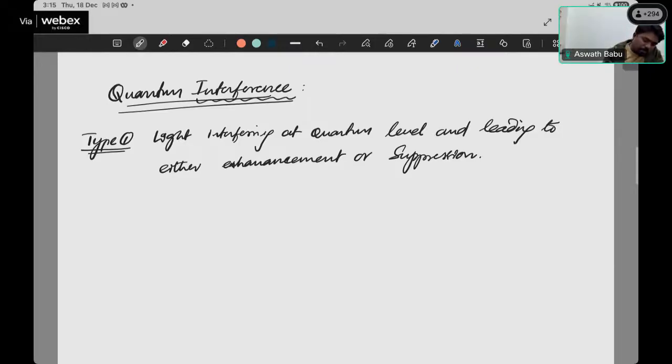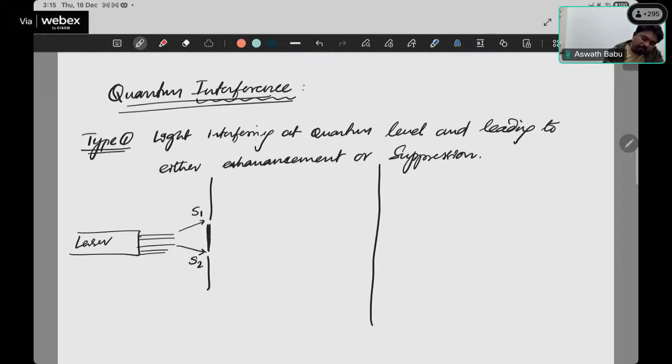Where a coherent laser source is there, the laser light comes out, and I have a double slit. Light goes through both the slits, let's say slit 1 and slit 2, and on the other side of the slit I have a screen.